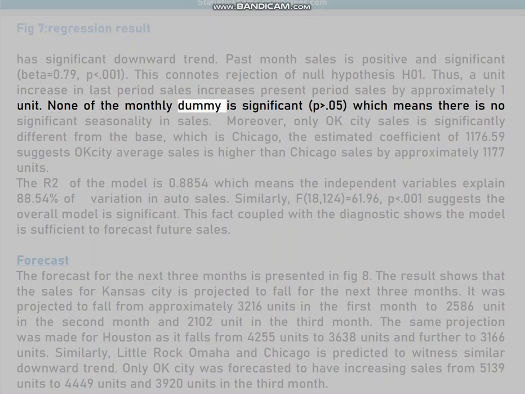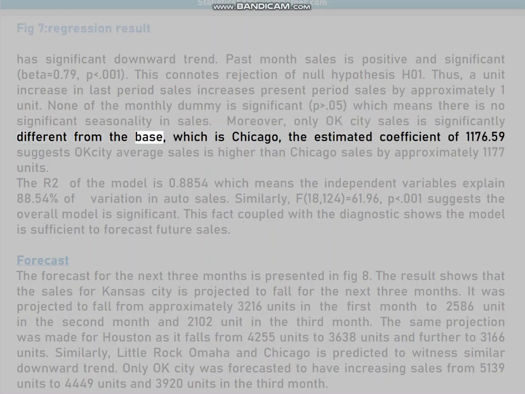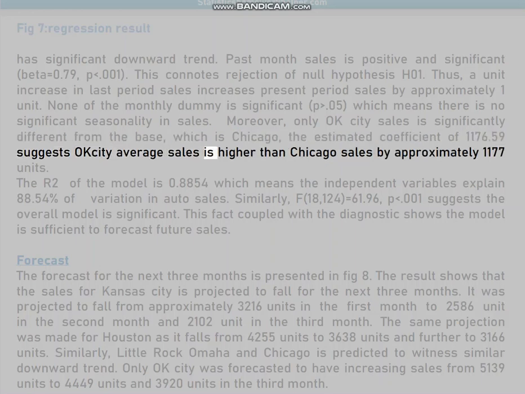None of the monthly dummies is significant, p greater than 0.05, which means there is no significant seasonality in sales. Moreover, only OK City sales is significantly different from the base, which is Chicago. The estimated coefficient of 1176.59 suggests OK City average sales is higher than Chicago sales by approximately 1177 units.